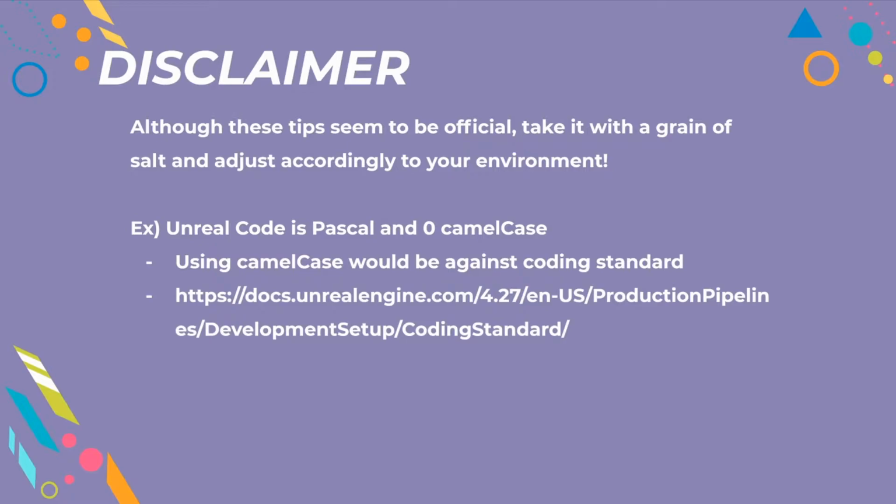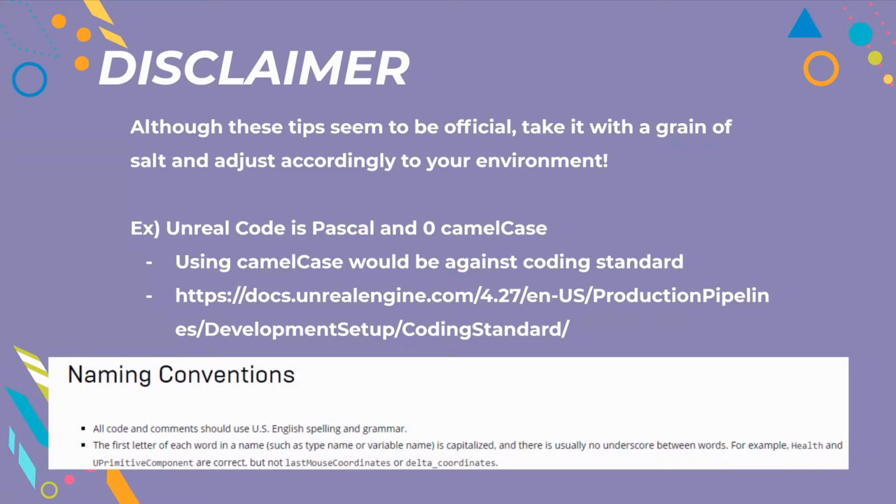If you did that while working on an Unreal project, that would be going against the standard, so you wouldn't want to do that. Most important thing before we start is these are guidelines. Even if there's a style that you think is less readable in whatever environment you're working in, you should still be consistent, because consistency is the most important thing.